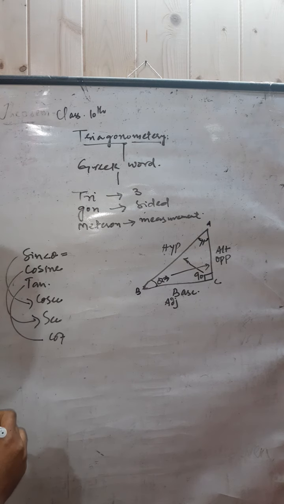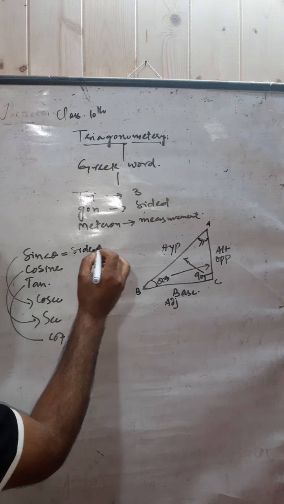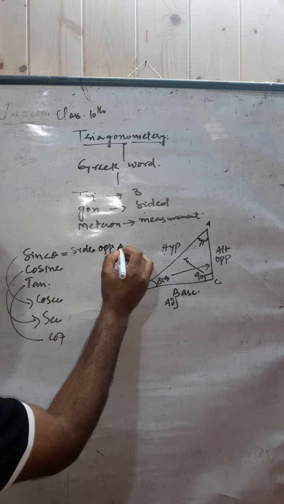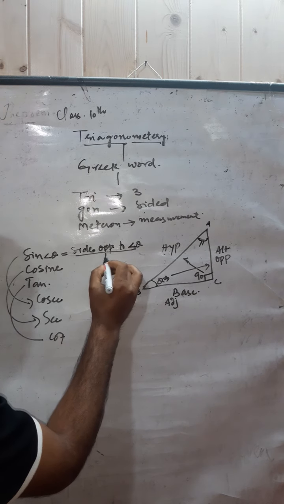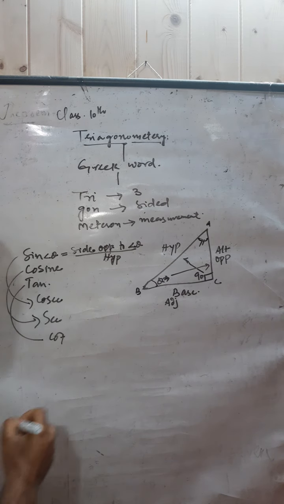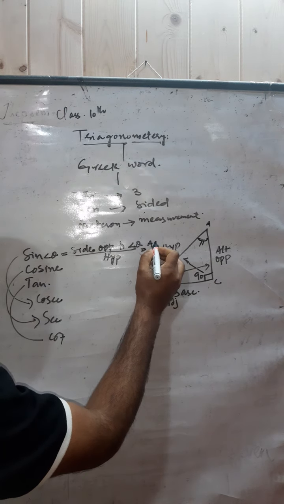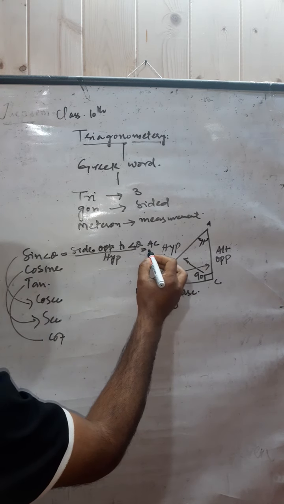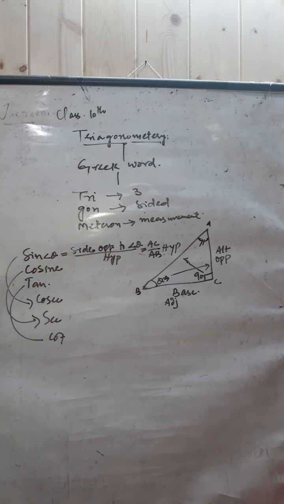So the sine of angle theta is always equal to the side opposite to the focused angle, that is angle theta, upon hypotenuse. So it means side opposite, that is AC, upon hypotenuse, that is AB.